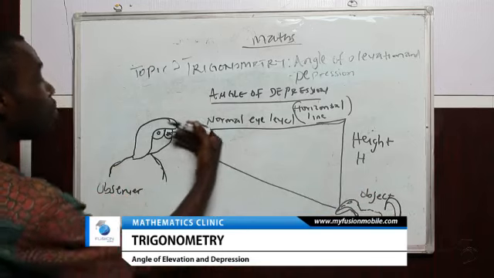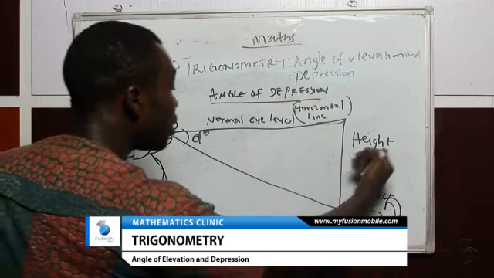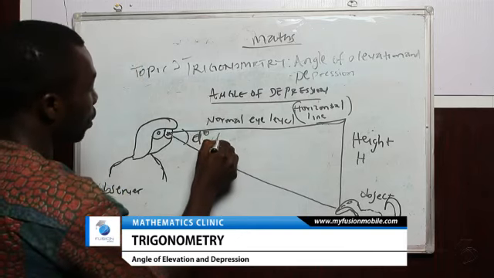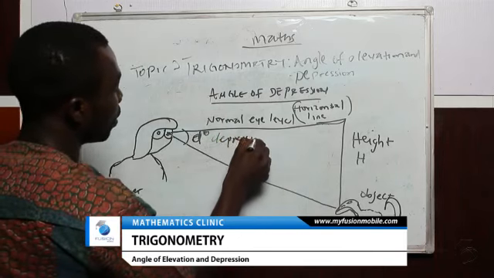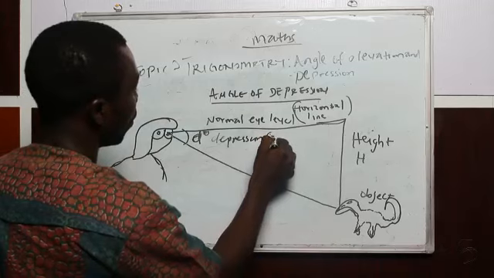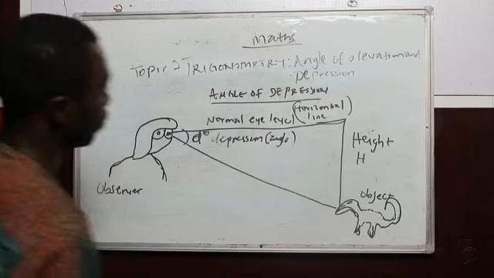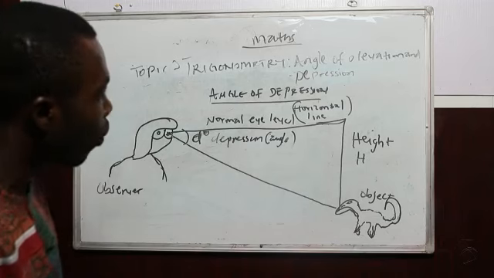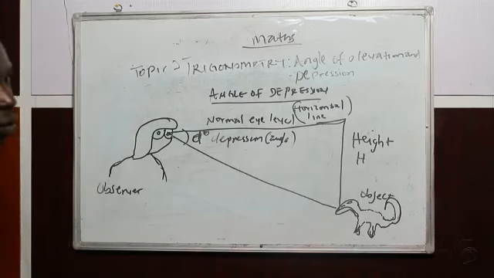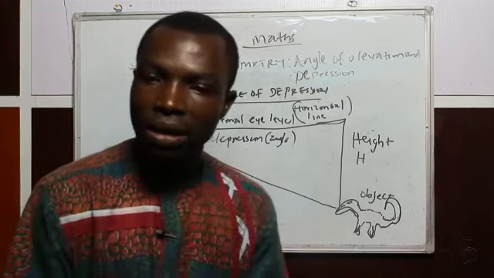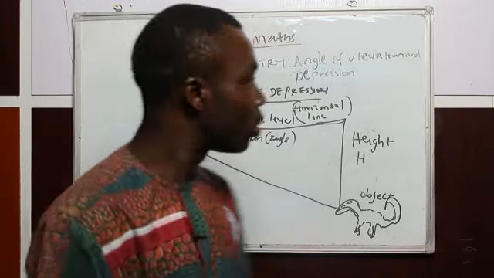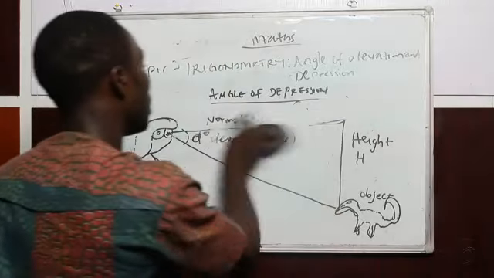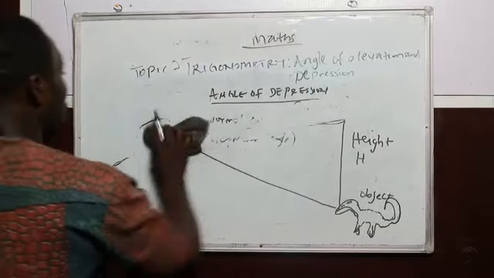So the angle between the normal eye level and the object is called the angle of depression. This is the diagram showing us the angle of depression. Now, let us consider this example to know how far we understood this angle of depression.